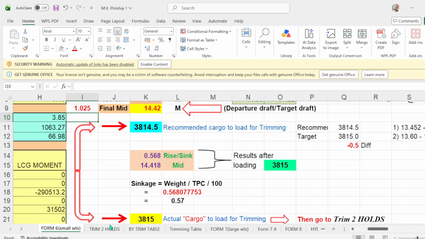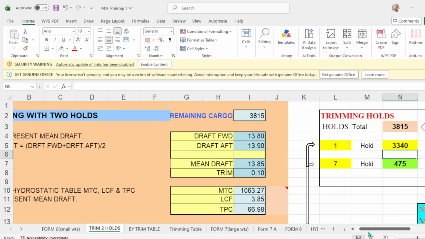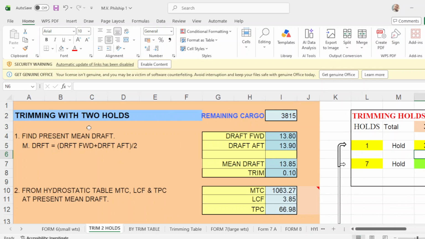So when you load 3815, that will be the actual cargo for trimming, then go to trim holds 2. That will be trimming with 2 holds. So take note of the remaining cargo to load. This is your initial draft, the mean draft, and your trim, MTC, LCF, and TPC.